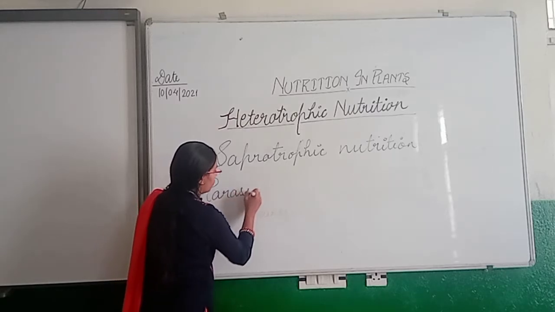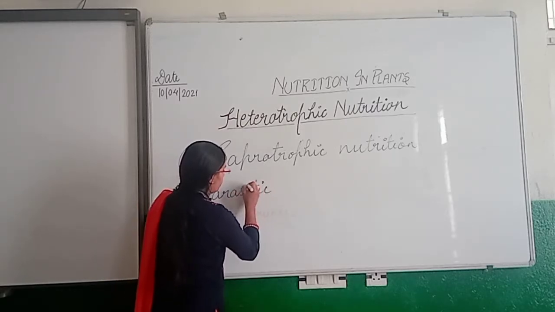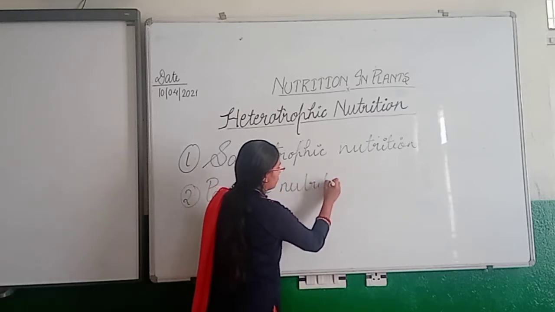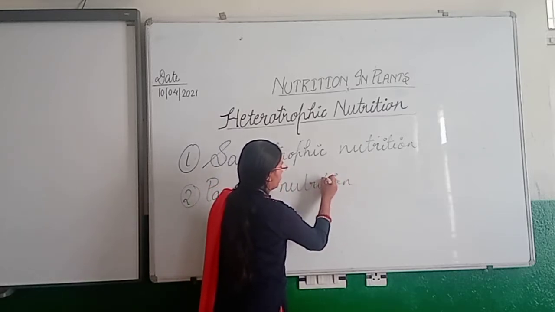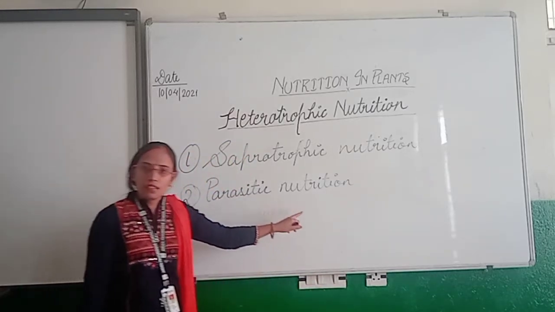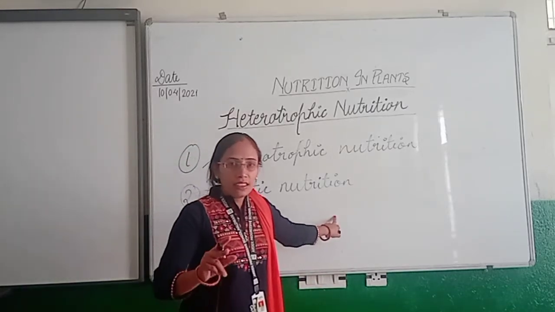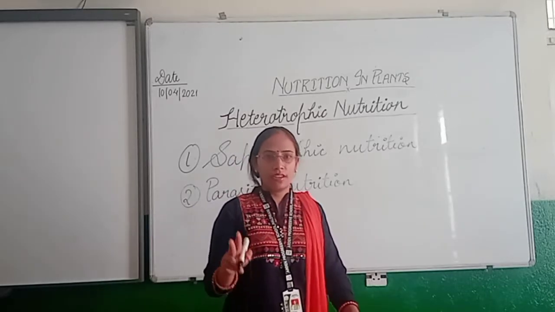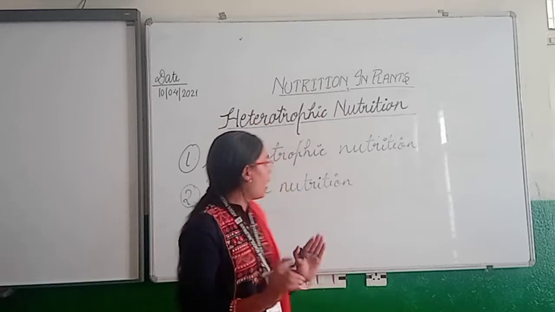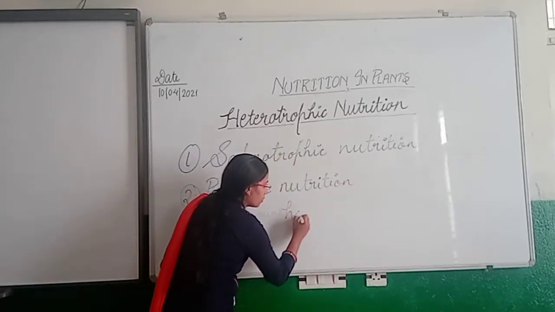And the other is parasitic nutrition. Parasitic nutrition means, in this there are two living organisms.